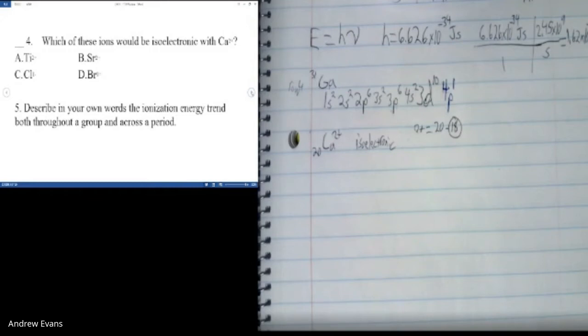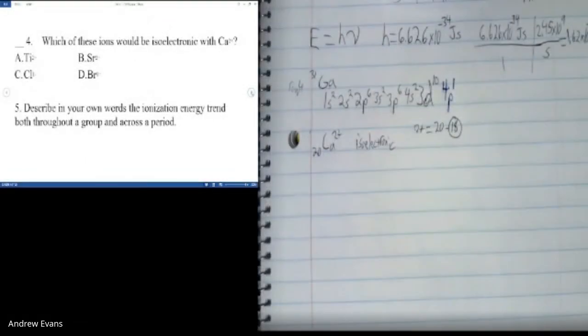We have strontium, which is in the same column as calcium, but it's element 38. So that would also not be isoelectronic, because that would be 36 electrons. Even though it would have the same electron configuration setup, it is not truly isoelectronic. And then finally, we have chlorine, which is element number 17.